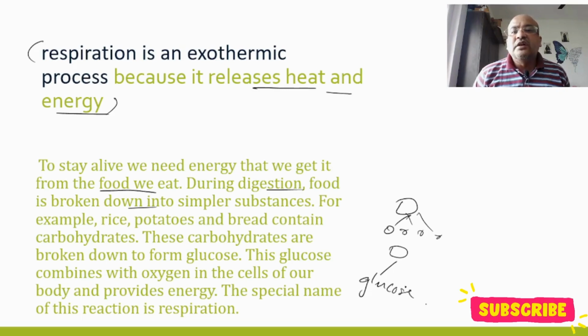This glucose combines with oxygen in the cell and provides us the energy, and the energy is given out. So the special name of this reaction is respiration, right? So what you see is that respiration is an exothermic process.